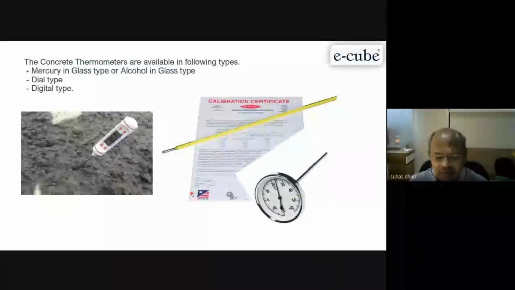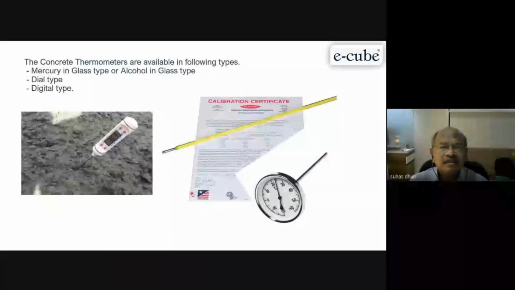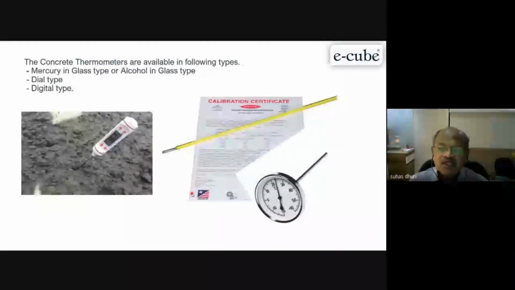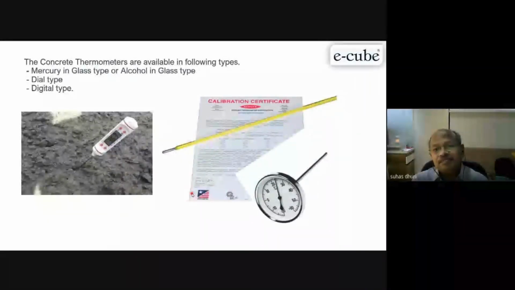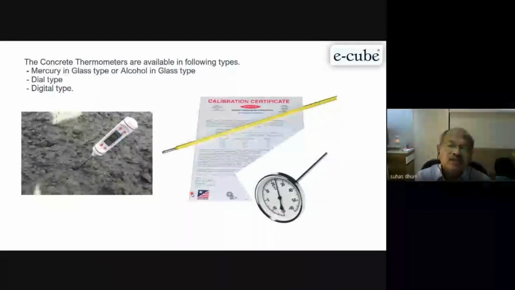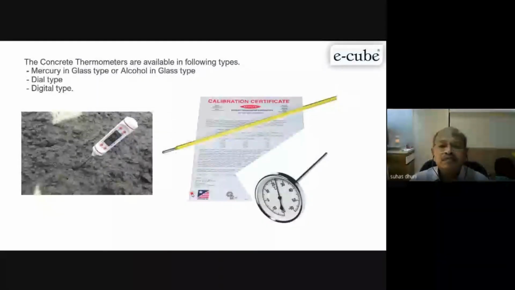But one thing you have to remember today, since we are not using natural river sand in the concrete, we are using only crushed stone sand. It is not only in Mumbai, other parts of the country are also slowly changing over because of the environmental issue, because natural sand you may not get in sufficient quantity. So when you are using crushed stone sand, your water demand goes up.